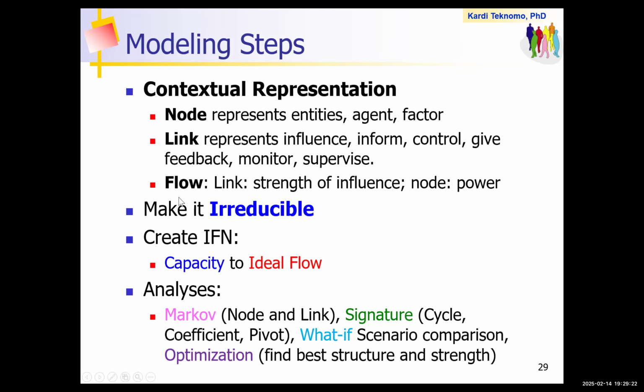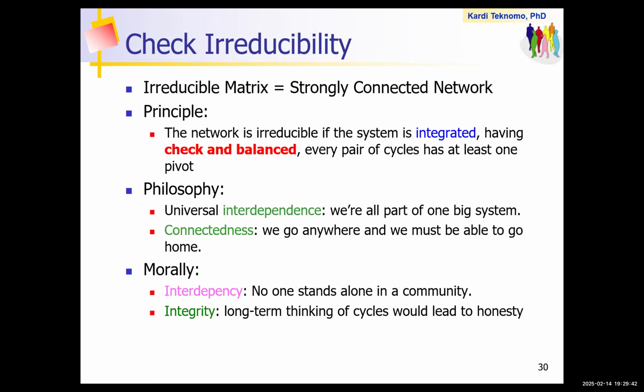The technique is to make the network irreducible, or strongly connected. Once you do this, you can calculate the IFN. After that, there are many analyses we can do. We can do Markov, signature, optimization, what-if analysis, and so on. The most important is to create an irreducible matrix, a strongly connected network.